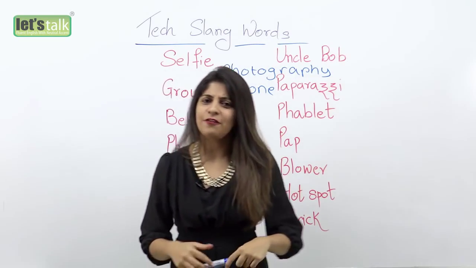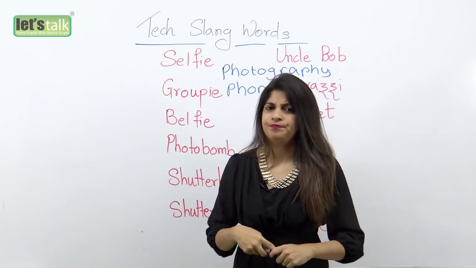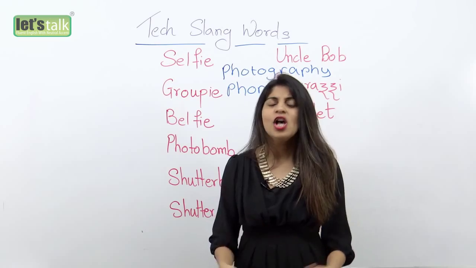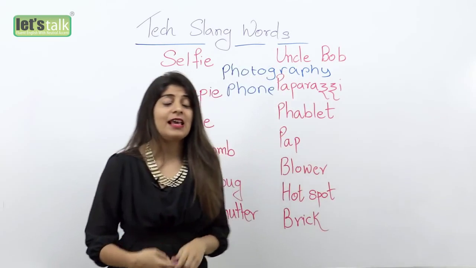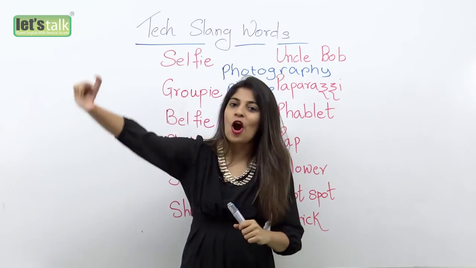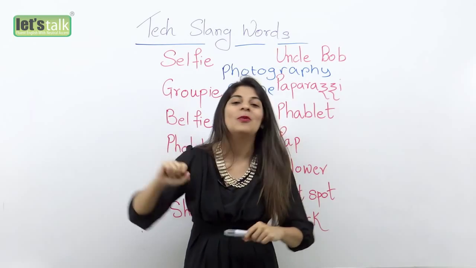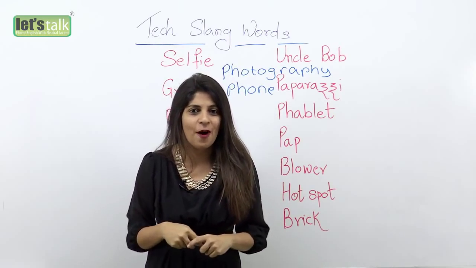So are you selfie obsessed? Well, many of my friends on Facebook are selfie obsessed. So what exactly does this word mean? Well, selfie is a self-picture that is taken by extending your arm and then clicking with the help of a digital camera or maybe your camera phone.